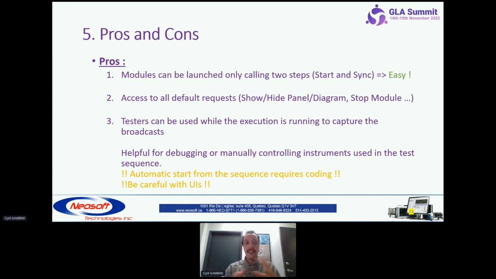For example, I still have my tester under my hand, and I can just interact with it. Be careful with the tester, and we will come back to that in the cons. You have to think about when and how you start the tester, because a tester is actually blocking. When you enter a tester, it's a while loop, so you can only exit the tester by stopping it. We'll talk about that a little bit later.